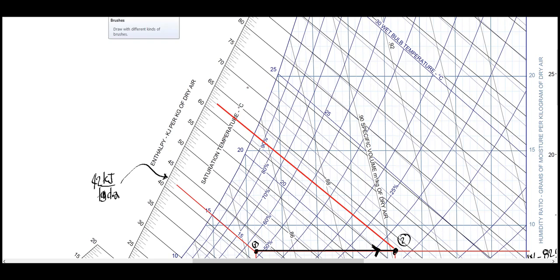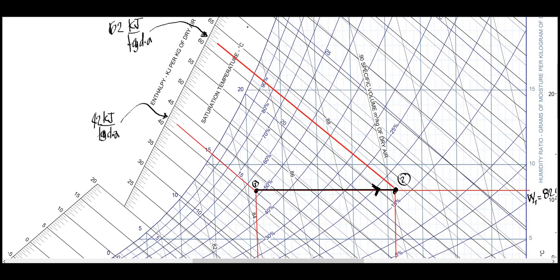Let's list down the properties of that. This is 62 kilojoule per kilogram dry air. That is the enthalpy at this point. Now we have enthalpy 1 and enthalpy 2. We have now the properties.